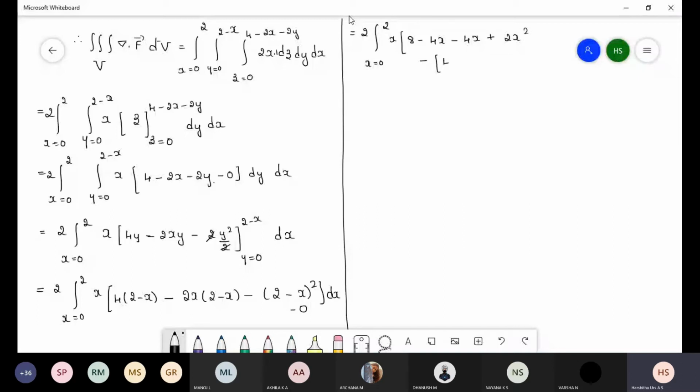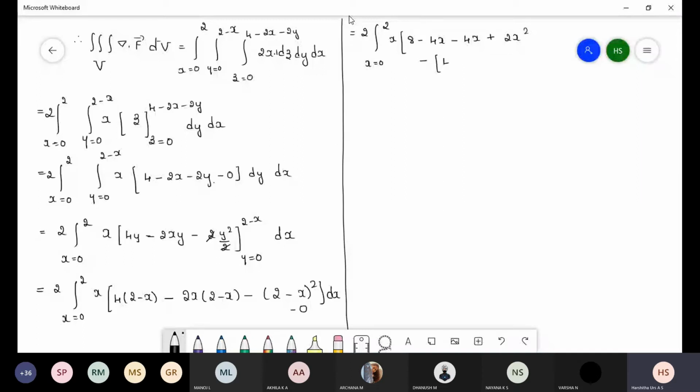Again minus 4x. Next, 2x square minus x square is only x square into dx. Now, I will multiply this x inside the bracket terms. So, I will get 4x minus 4x square plus x cube into dx.